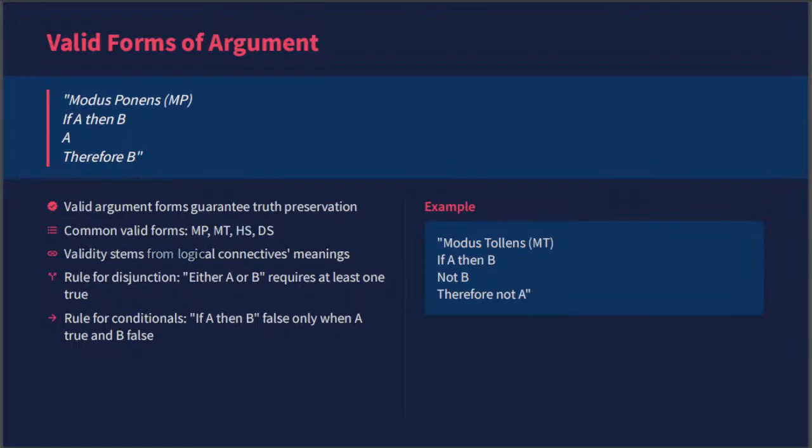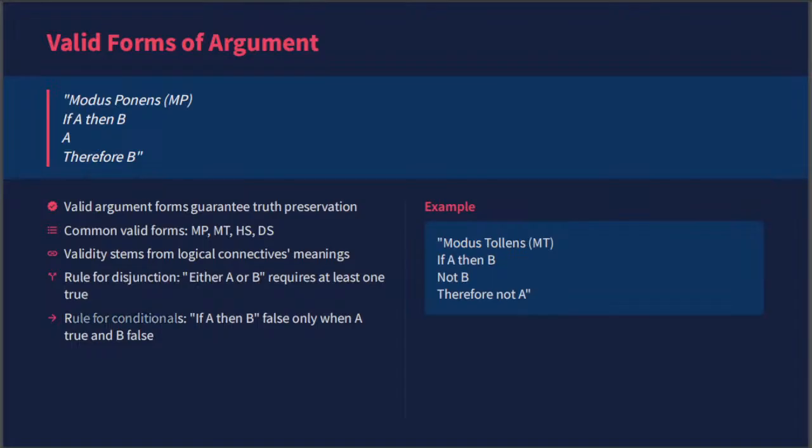Validity stems from the meanings of logical connectives. So it's the logical connectives, not necessarily the truth or untruth of the propositions, but the meanings of the logical connectives. The rule for disjunction, either A or B, requires at least one to be true.